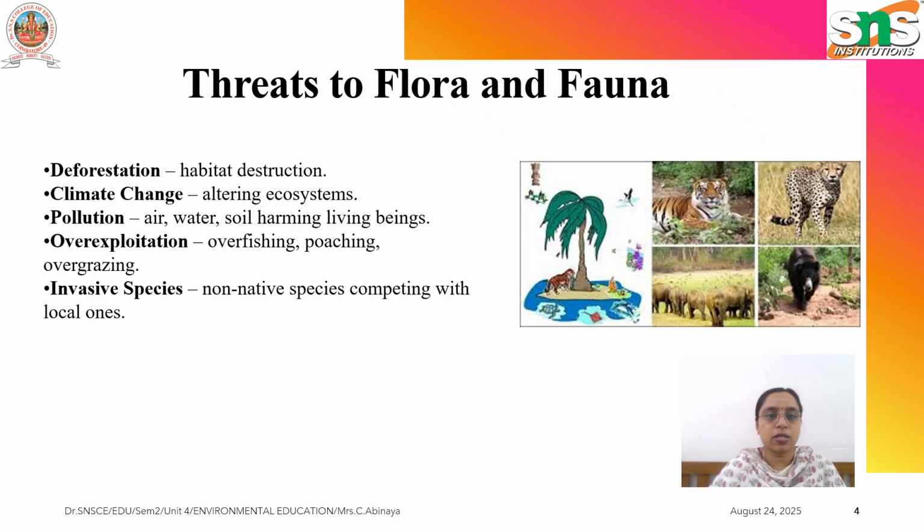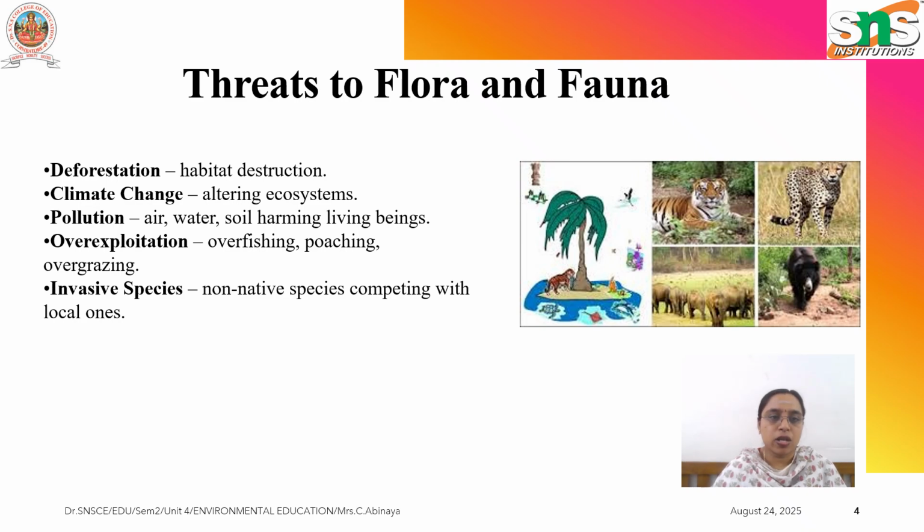When forest areas are cleared for agriculture, industries or cities, both plants and animals lose their homes. Without habitat, they cannot survive. The next one is climate change. Because of rising global temperatures, irregular rainfall, droughts and floods, the ecosystem gets changed and some species cannot adapt to these changes and they die.